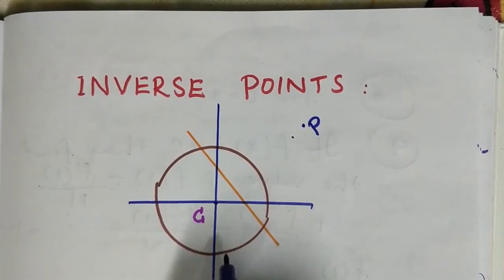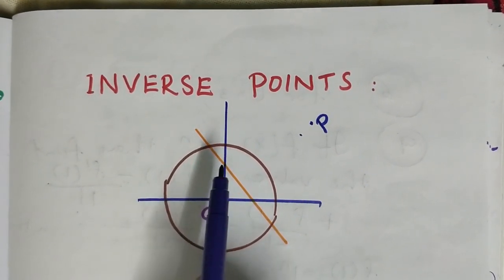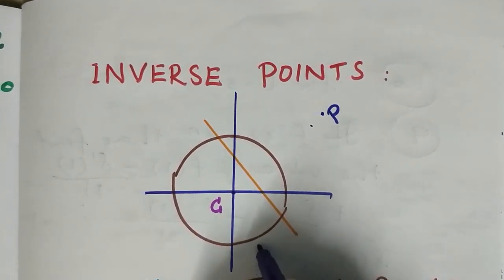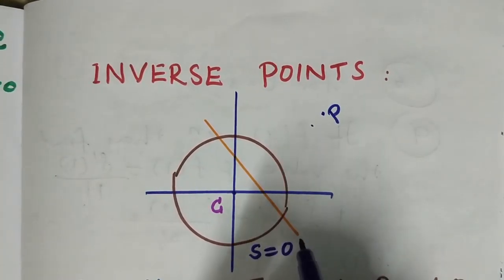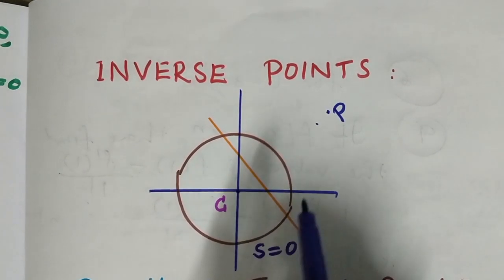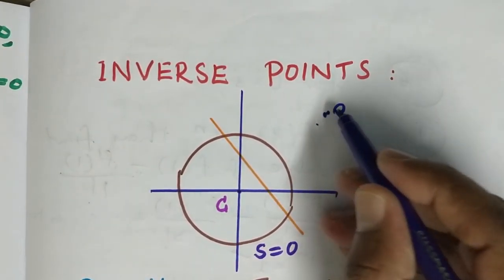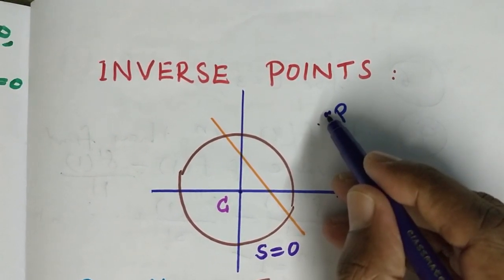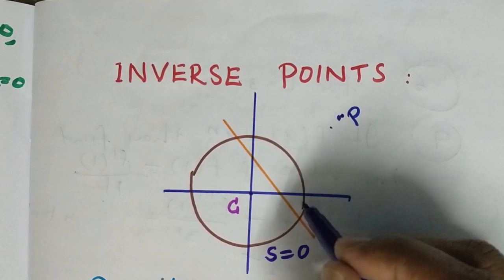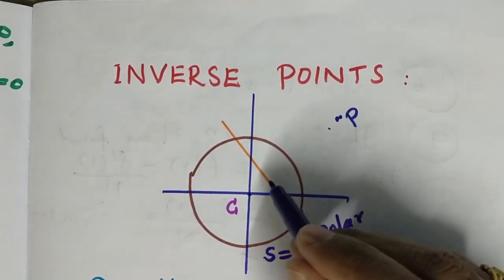The another concept is inverse points. See here, the circle S is equal to 0 with center C, 0 comma 0, and P is the external point of the circle, and its polar, you know that this one is the polar, is inside the circle.